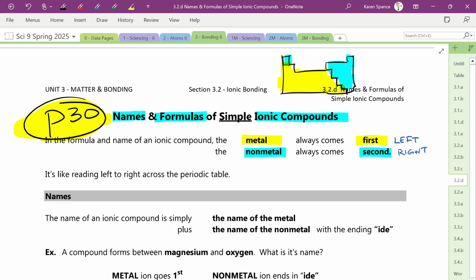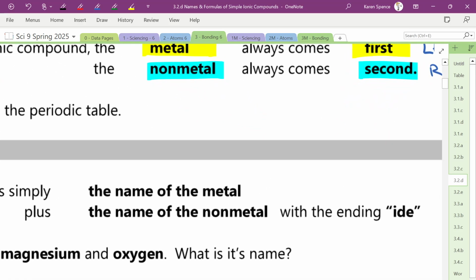And you guys have already started naming some ionic compounds. The simplest ionic compounds, we just name the metal. Name the metal. And then the second thing we do is we name the nonmetal, but with the nonmetal, because it is an ionic compound, it's made of ions. What do we do with a nonmetal ion name?